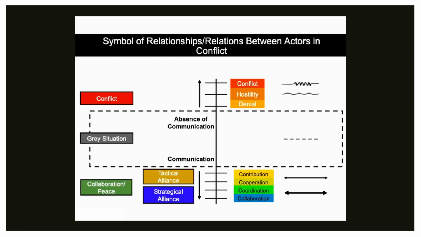But in the dynamic framework, I describe only five relationships between actors: strategic alliance, tactical alliance, the gray situation, hostility, and conflict. We can see that in the strategic alliance.